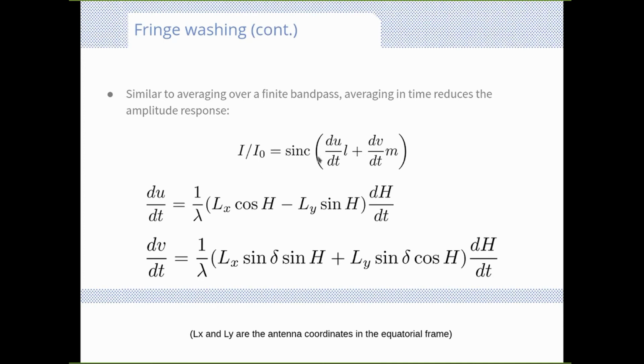What we're going to get is essentially this sinc response, and that tells us by how much the amplitude that we're measuring has dropped with respect to the original amplitude. So for MeerKAT, if you average at 8-second interval at L band with the original coarse channelization of 208 kilohertz, then sources 1 to 1.5 degrees away are only going to have an amplitude that's about 90% of the original amplitude. So that describes the drop in amplitude.